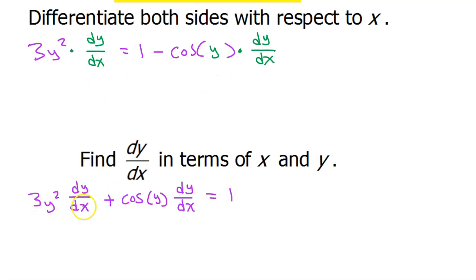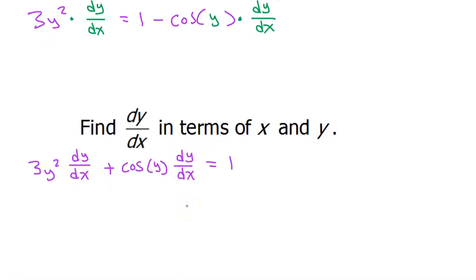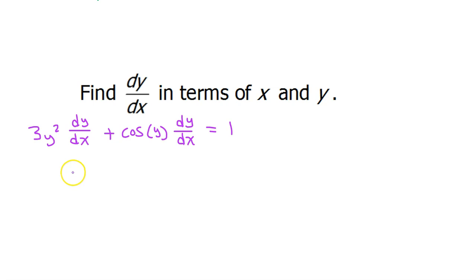With both terms involving dy dx on the same side, we can now treat dy dx as a common factor. We can factor the dy dx outside of parentheses as a GCF. So I'm going to pull out the dy dx to the front, and that's going to leave behind the 3y squared and the cosine y. And this is all still equal to 1.